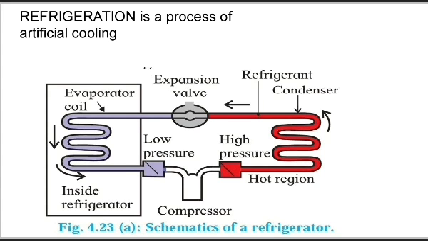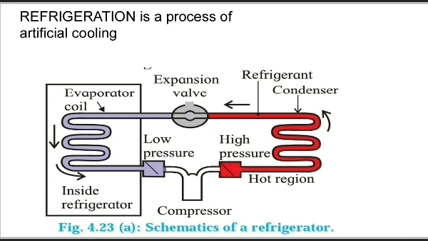What happens is, from the expansion valve, as the liquid moves towards the low pressure area, that is inside the refrigerator, inside a coil, the gas expands. This expansion of gas at a constant pressure is an isobaric process, and during this process the temperature of the gas cools down.